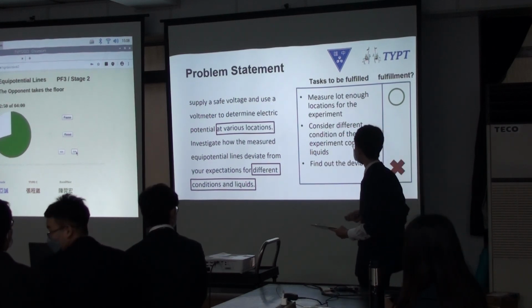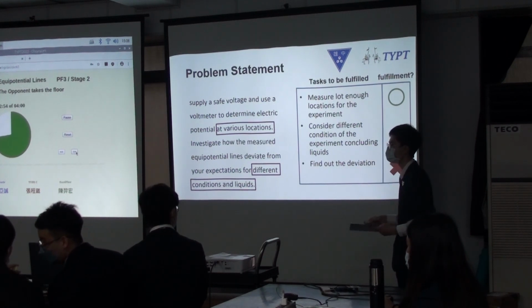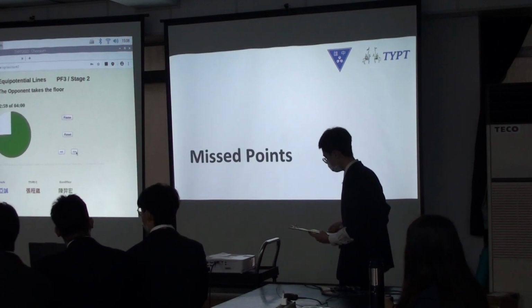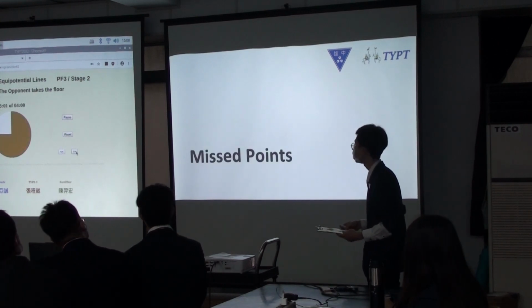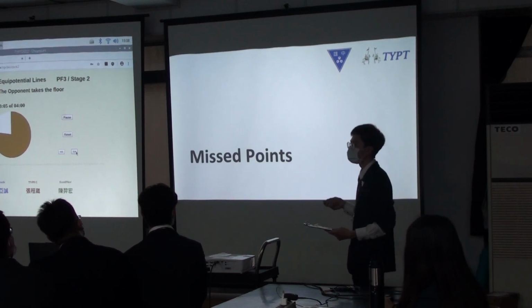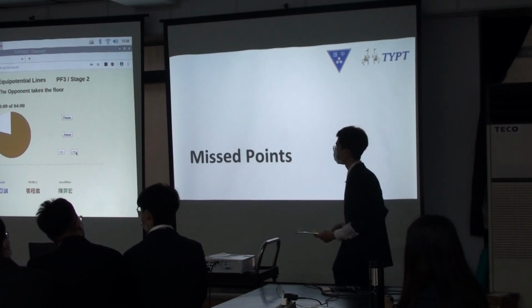And in the end, the reporter did find deviations, and I think that the task was quite fulfilled. And in the end, there are several missed points that I would like to discuss with the reporter. And for now, I would like to directly start the discussion with the reporter.